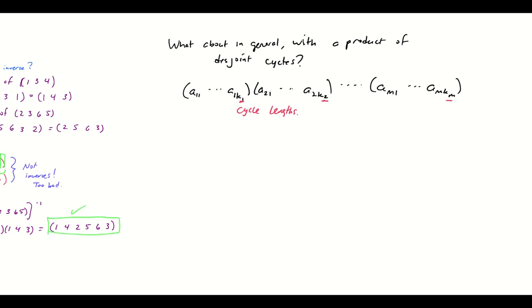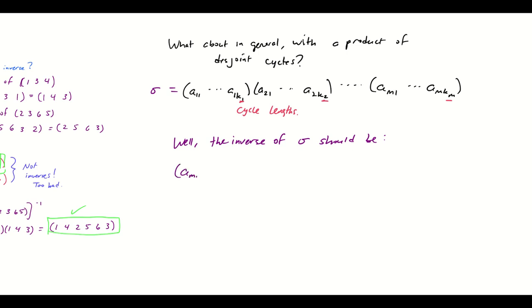Well, what would be the inverse of all of that? What would be the inverse of the product of those cycles? Well, the inverse of this product, sigma, should be, and I'm going to remember, I want to start with the rightmost cycle first when writing down the cycle notation for the inverse.